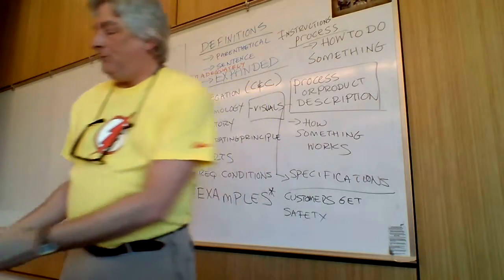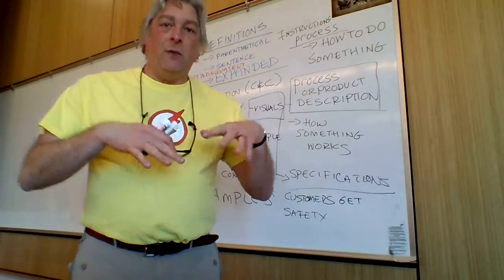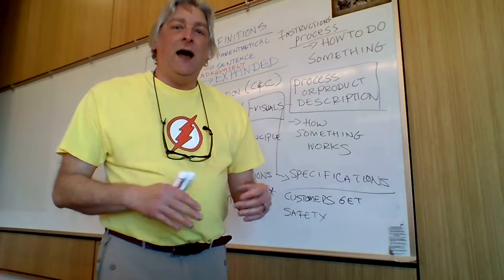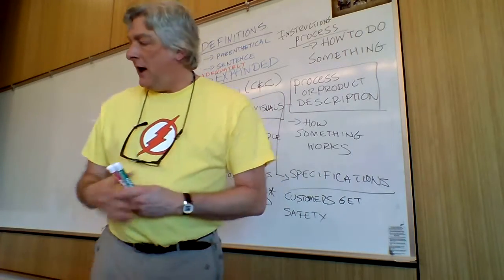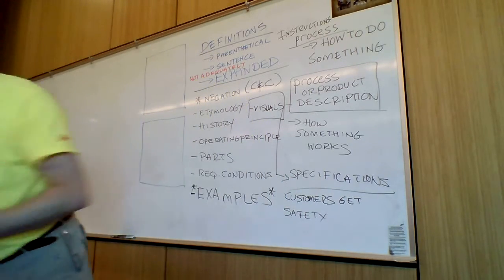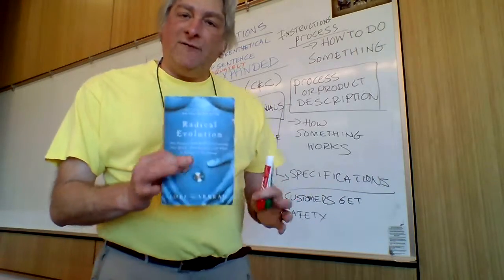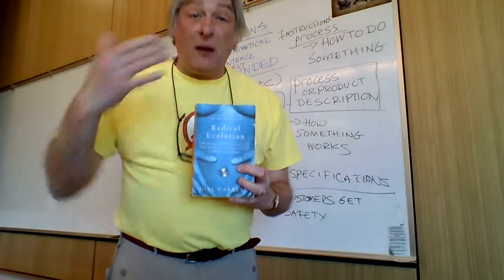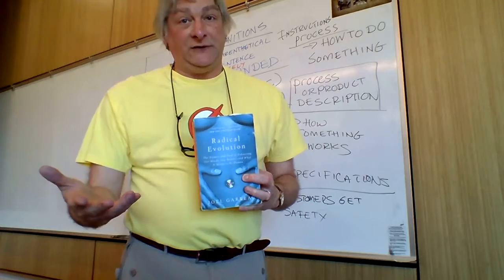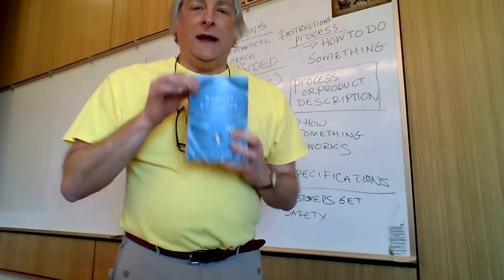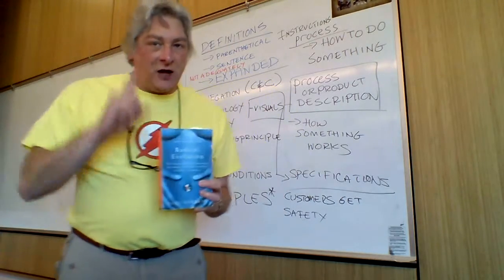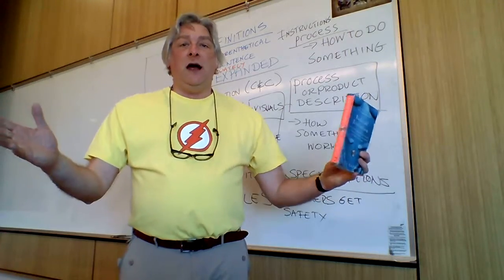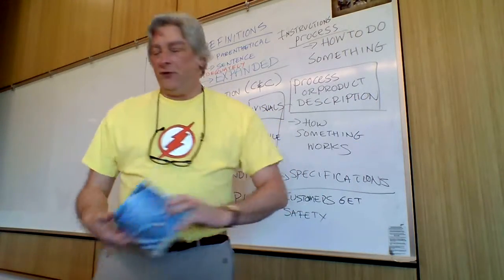So I'm going to have you choose from 4 different technologies that we could read about in a book called Radical Evolution, which is a supplemental text for this course and could be used as extra credit. And it describes these 4 technologies, which I'll talk about in a separate talk. So, this will be a separate video for those.